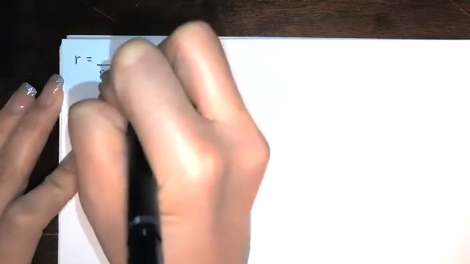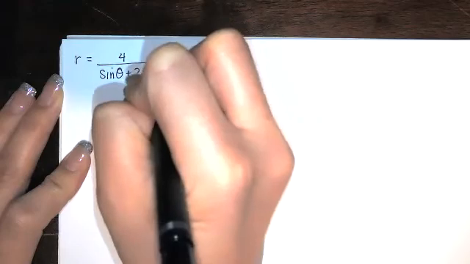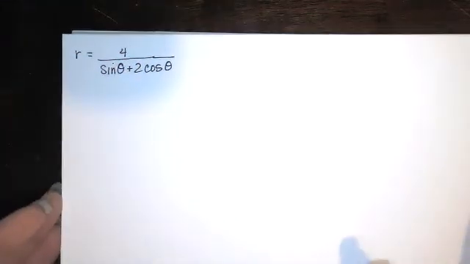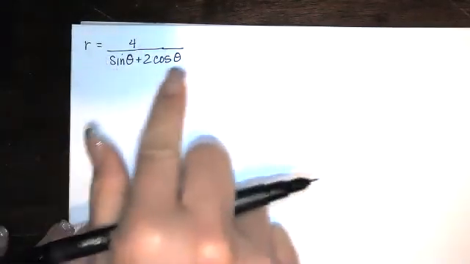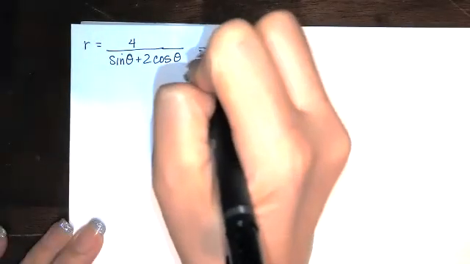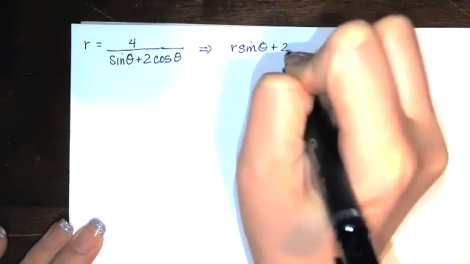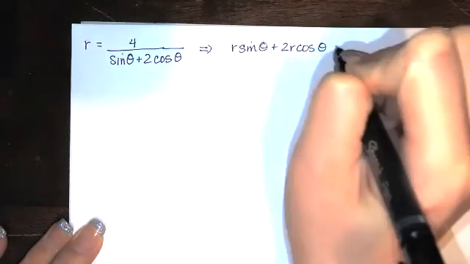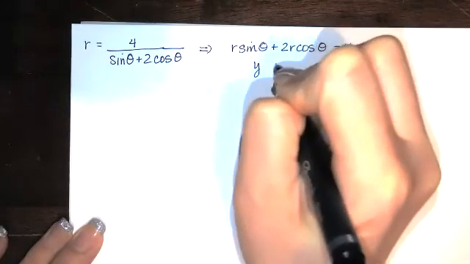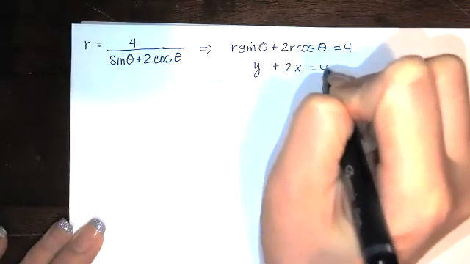Let's do another one. Let's say r is equal to 4 over sine of theta plus 2 cosine of theta. That also looks very complicated, but if we multiply both sides by that denominator and distribute the r, look what we get. That's just y plus 2 times x equals 4.